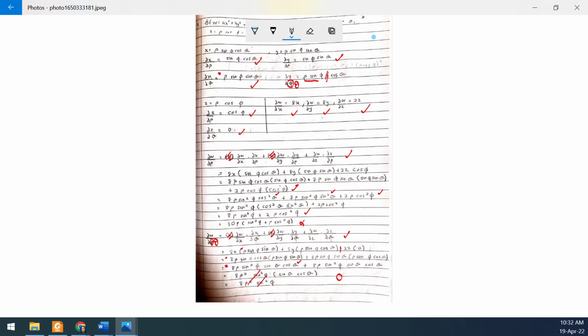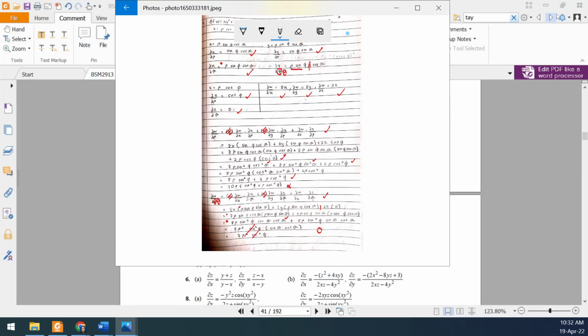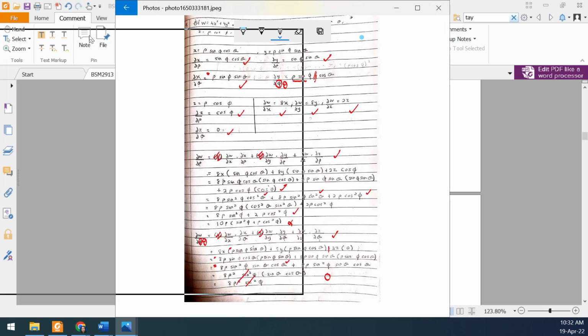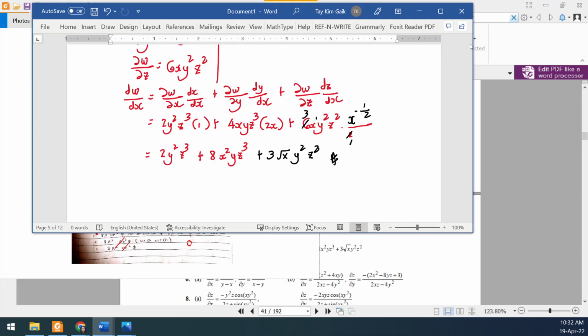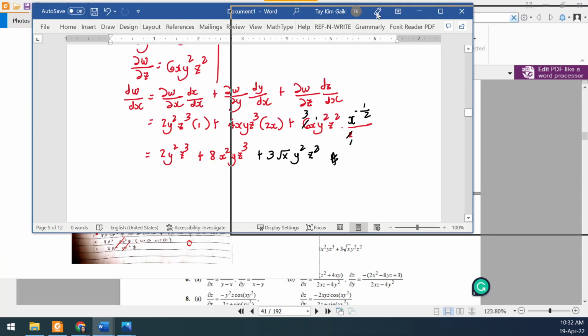Okay, only here I want to prove. Let me look at this one. Want to prove this one, compare with the module one.